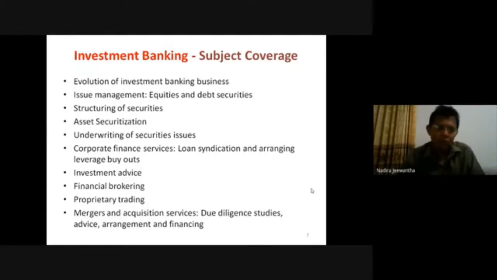Financial brokering is also similar. It can be share brokering, or it can be a different one. When you issue syndicated loans internationally, there can be financial brokering. We call it a book runner. Book runner, the people who are actually planning the issue.